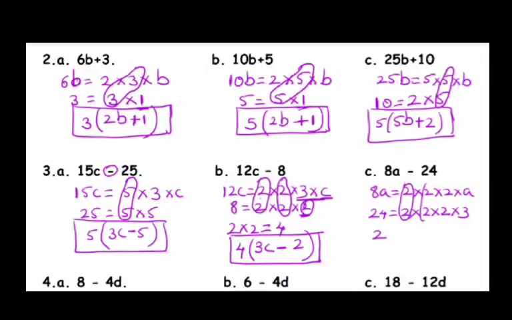We have another 2 in common. We have another 2 in common, which makes it 8. What remains in the bracket is what is left out. So we have this a. What is left out? We have 3. What is the sign we put in the middle? Minus.